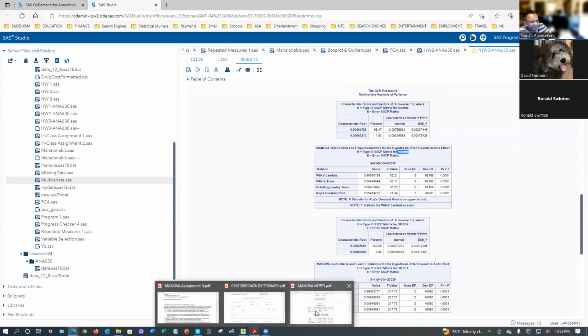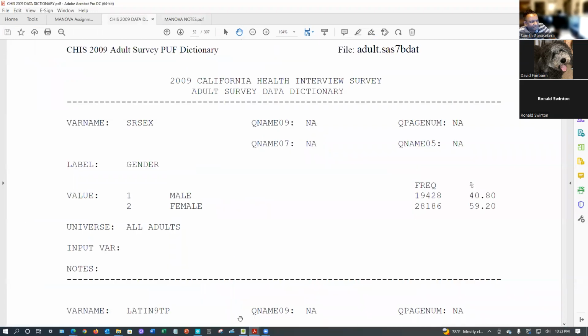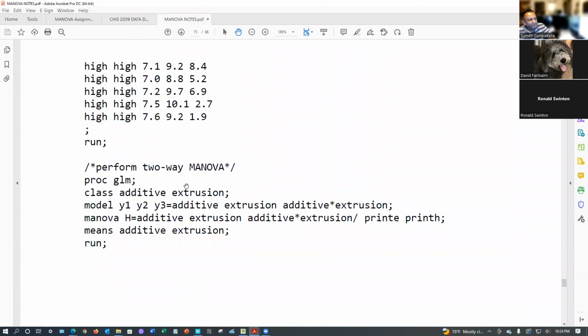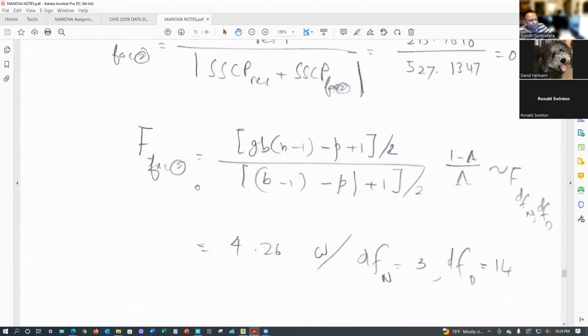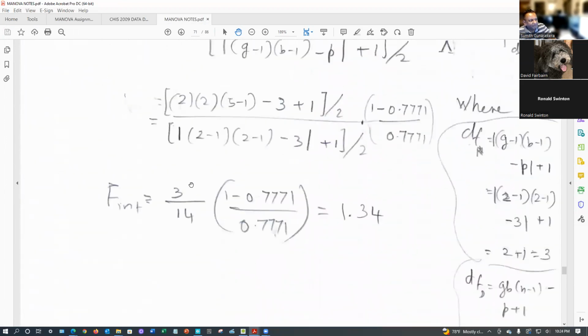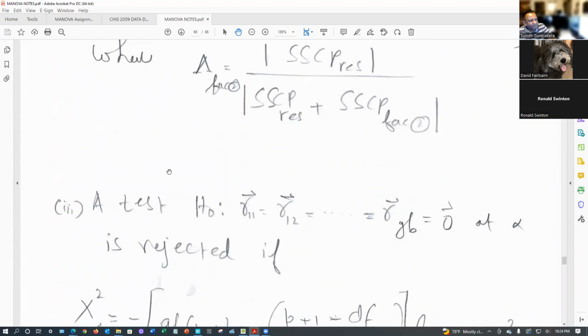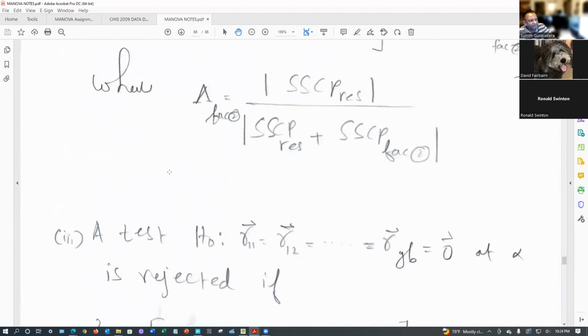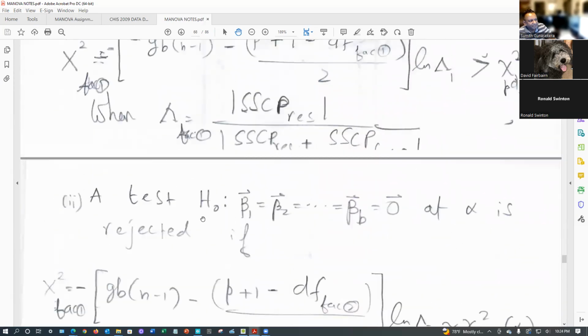What is H0 for this one? The test is rejected.